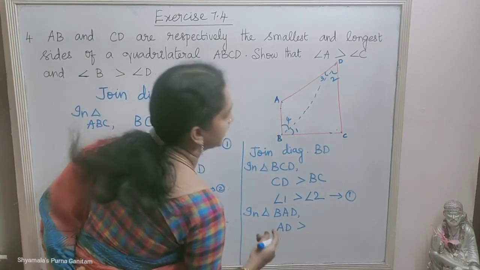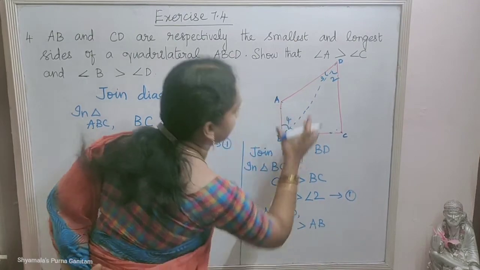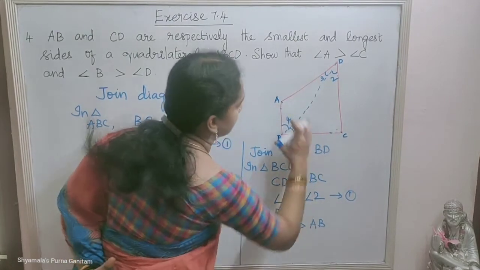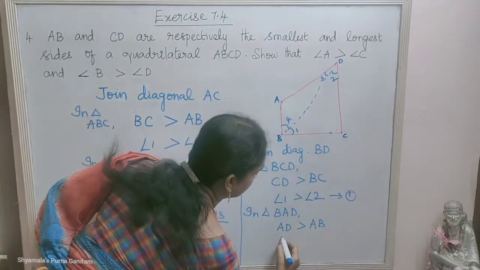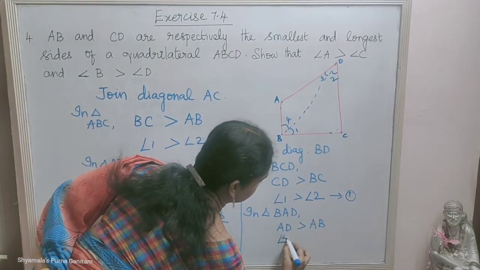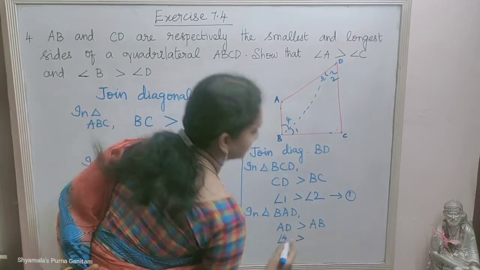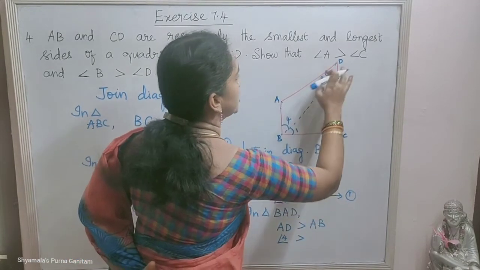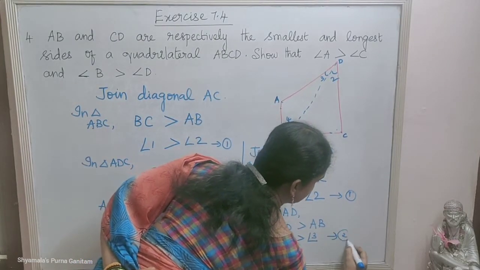So AD will be greater than AB. Opposite to AD is angle 4, so that angle is greater than the angle opposite to AB, which is angle 3. This is the second statement.